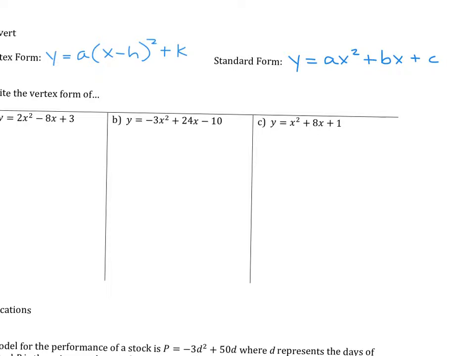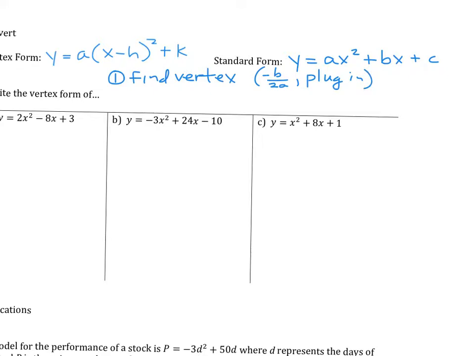I gave you 3 equations under there that you need to write in vertex form. Okay? Here's your 2 steps. Number 1, you need to find the vertex. Remember, your vertex is negative b over 2a for your x value, and then you plug that in to get your y value.